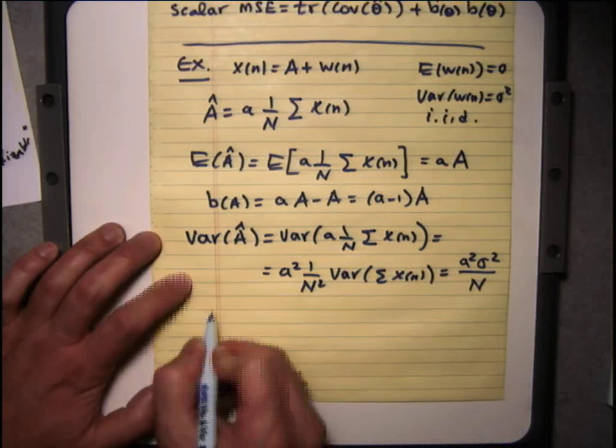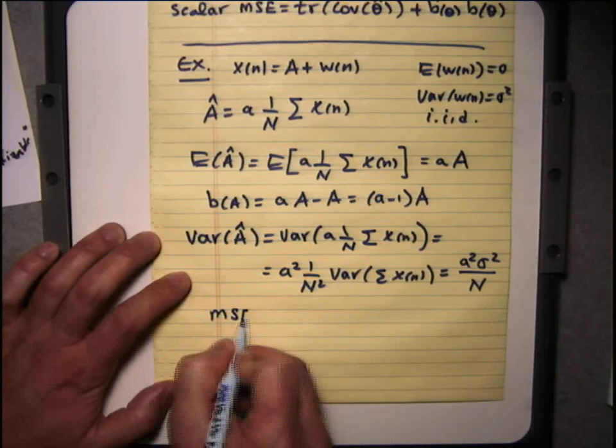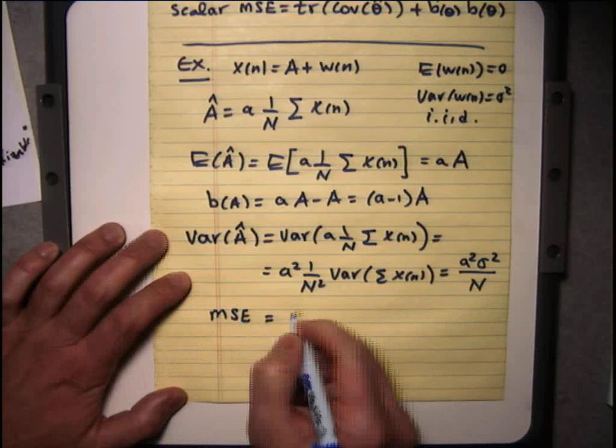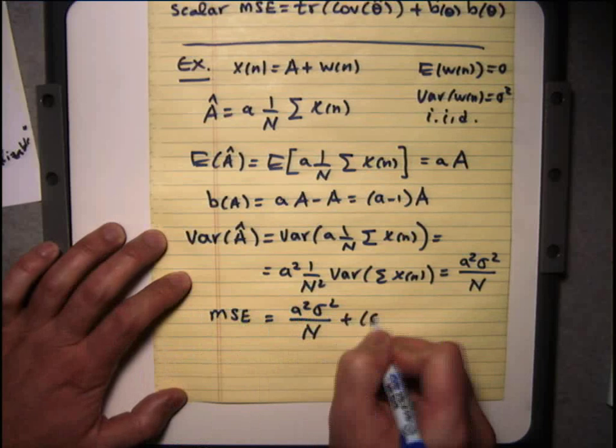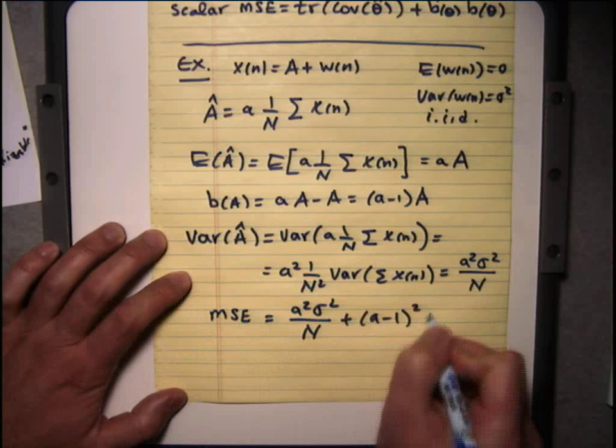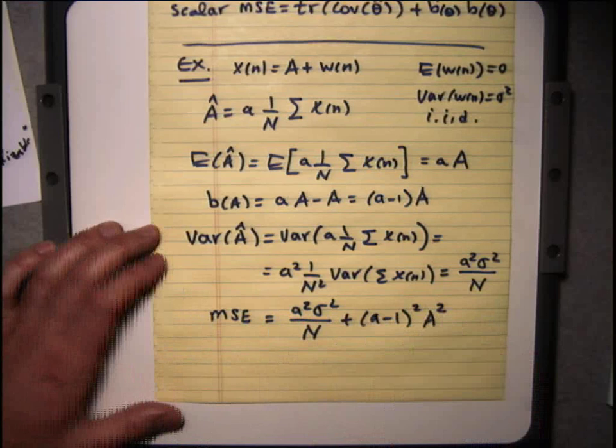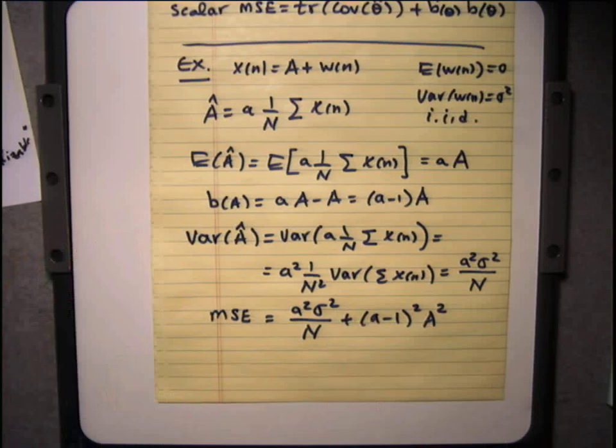So therefore mean squared error is a squared sigma squared over n plus (a minus 1) squared capital A squared.